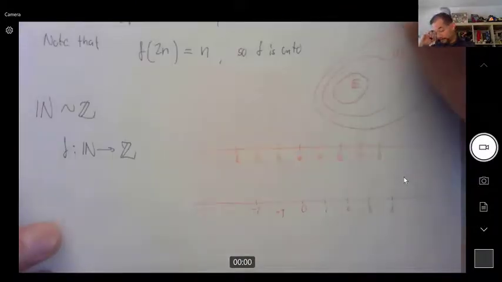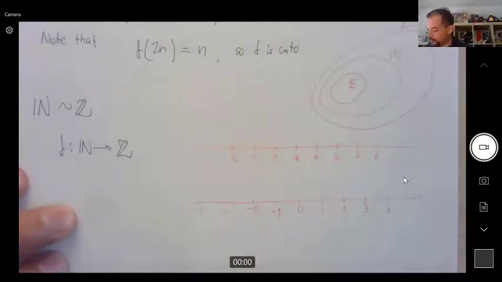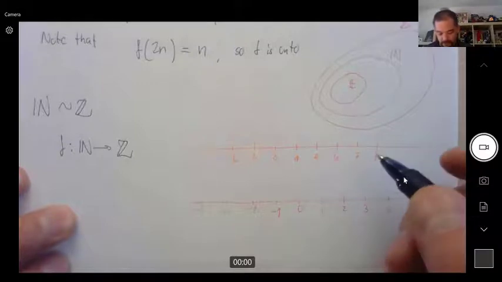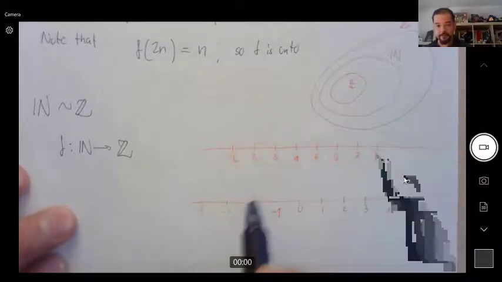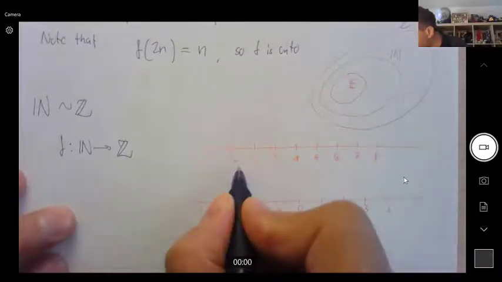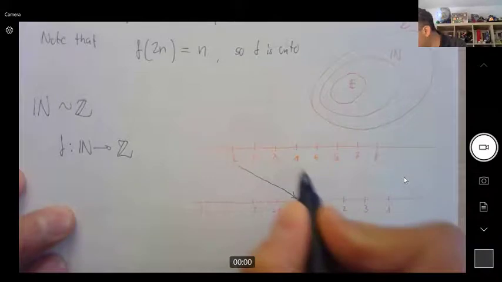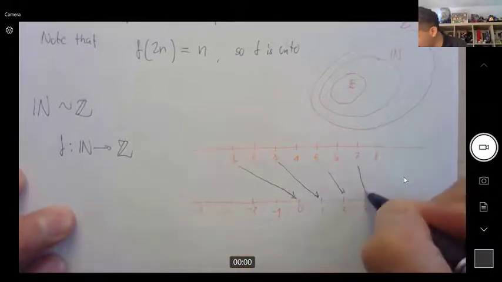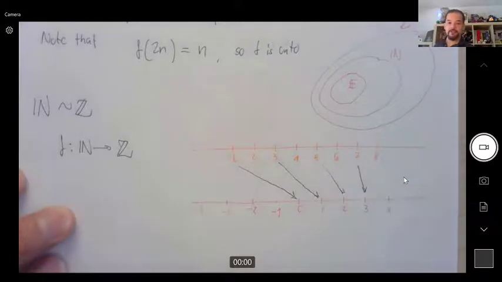How about, see, this is something we can do. We can take the odd ones to the positive ones and 0, right? For example, 1, we take it to 0. 3, we take it to 1. 5, we take it to 2. 7 to 3, and so on, right? You see what I'm doing here?